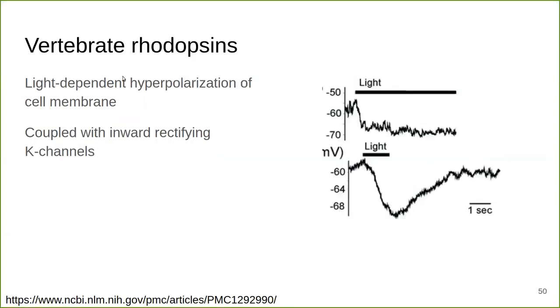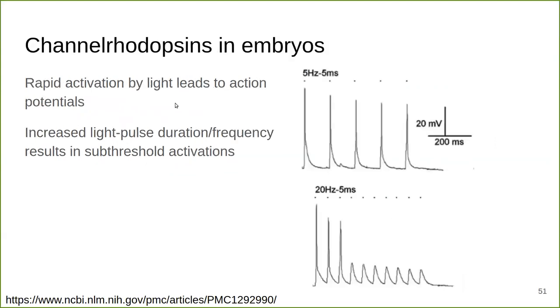And also they are coupled with the rectifying potassium channels. In initial studies of these channelrhodopsins, they were characterized by expression in embryos, and it turned out that you see exactly the activity that you would expect.